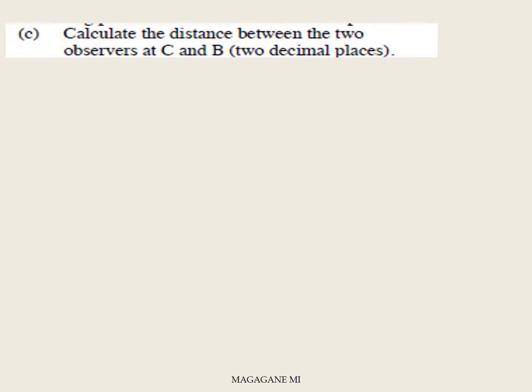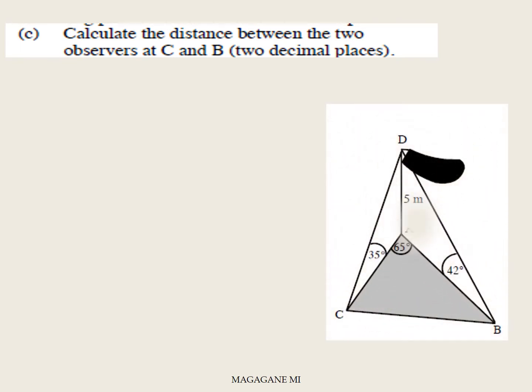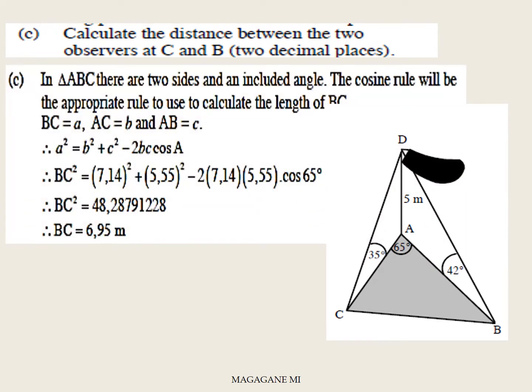The next question. Calculate the distance between the two observers at C and B. Leave your answer to 2 decimal places. In triangle ABC, there are 2 sides and an included angle. The cosine rule will be the appropriate rule to use to calculate the length of BC, since we have 2 sides and the included angle.